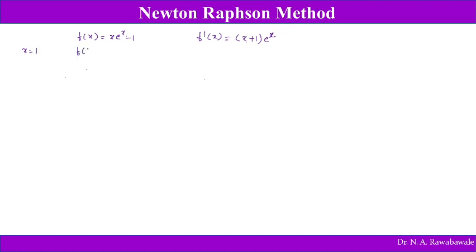So f of 1 is 1 into e to the power of 1 minus 1, which gives us 1.71, and f dash of 1 is equal to 1 plus 1 times e to the power of 1. So this gives us f dash of xn as 5.43.